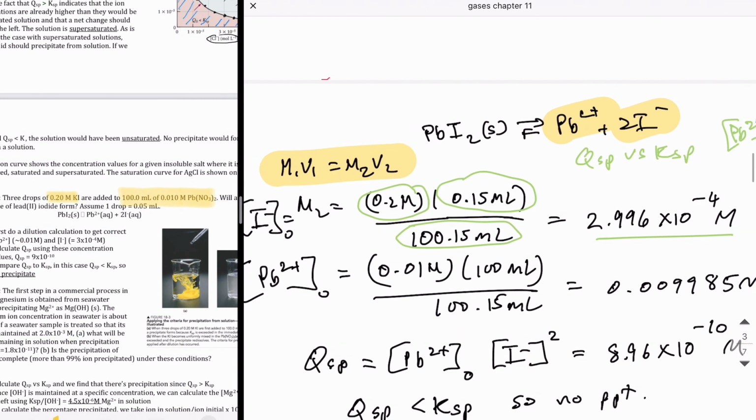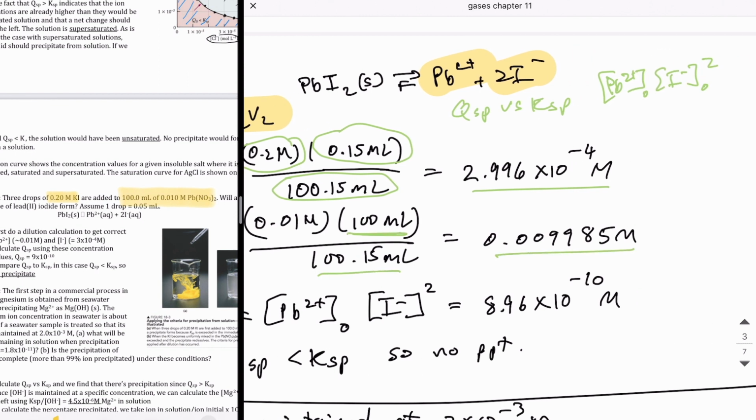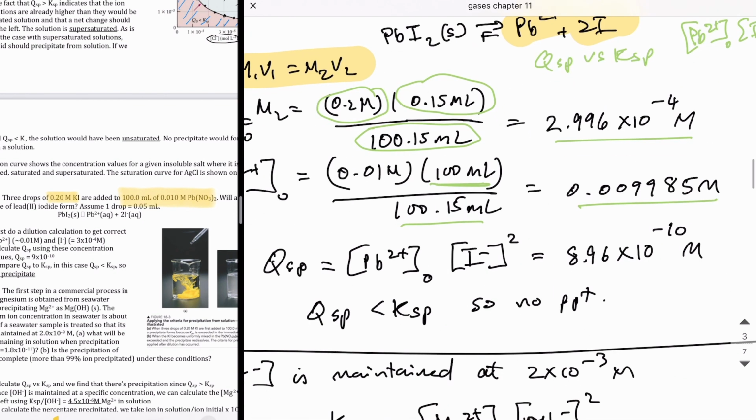This is before reaction happened. And then the lead, we can similarly calculate it. The lead is much larger volume here, but same total volume. And then this is the concentration of lead at the beginning before reaction happened. And then we can calculate our QSP, which is just this expression. That gives us this number right here, 8.96 times 10 to the minus 10.